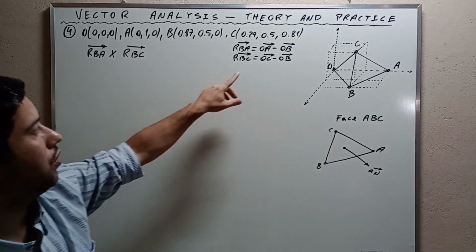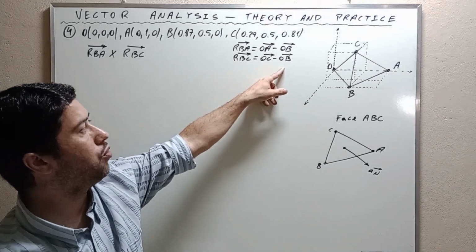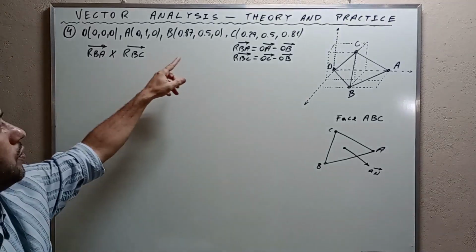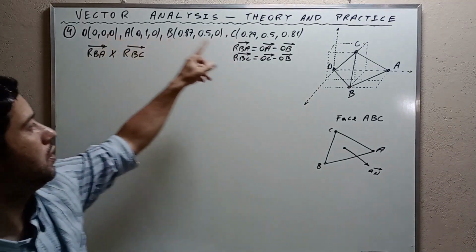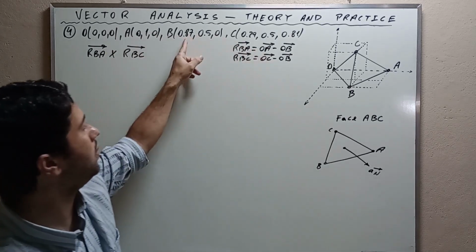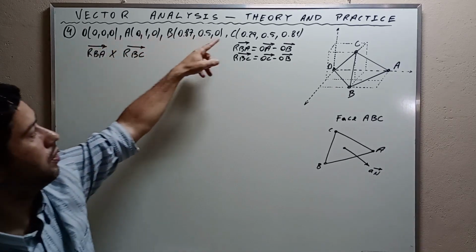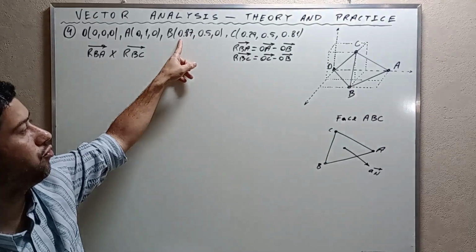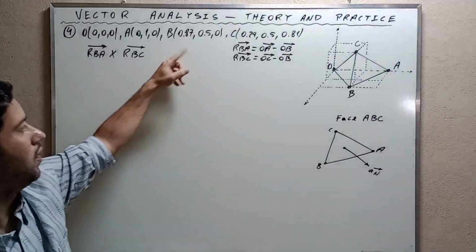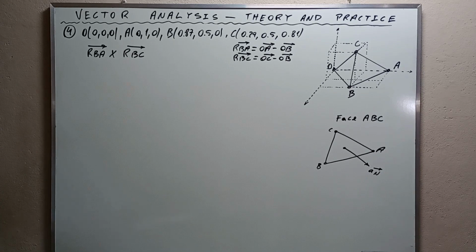Similarly, locate RBC as OC minus OB, and use the coordinates of C and the coordinates of B. OC is going to be from the origin to C and OB from the origin to B. And in this way you find RBC.